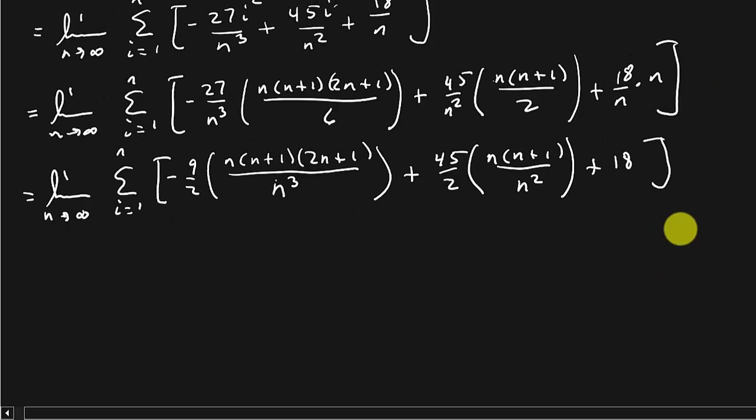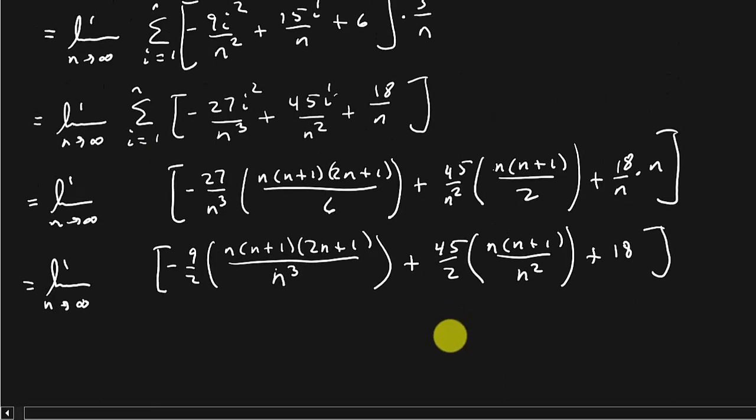Oh, I'm sorry. Look at what I did. That summation's gone, because we did it. I did it there too, didn't I? All right, let me go back up here.